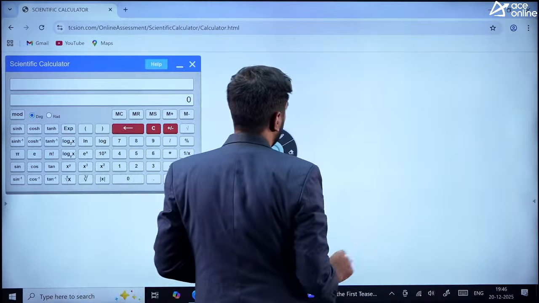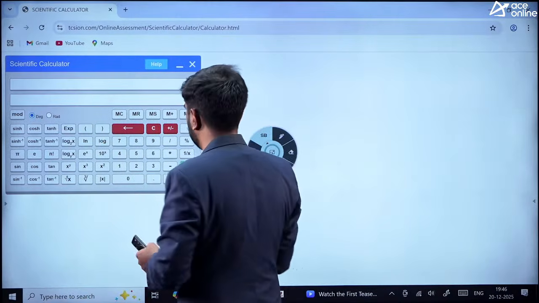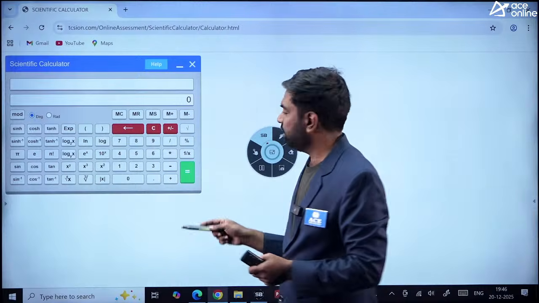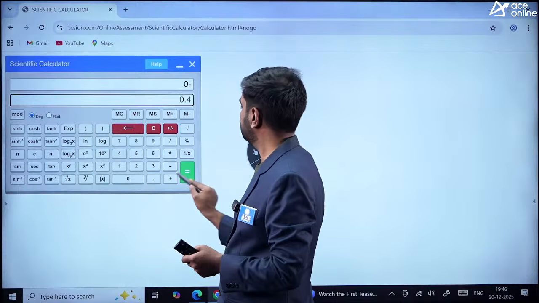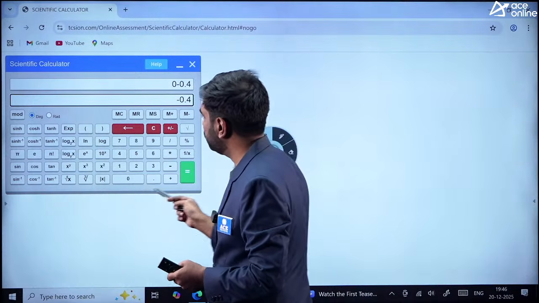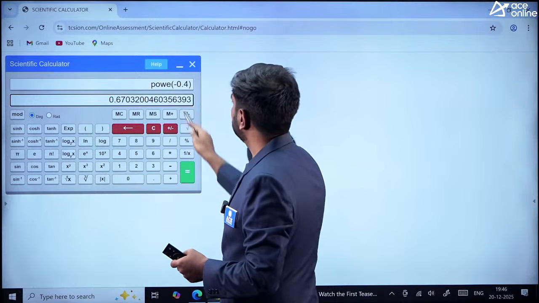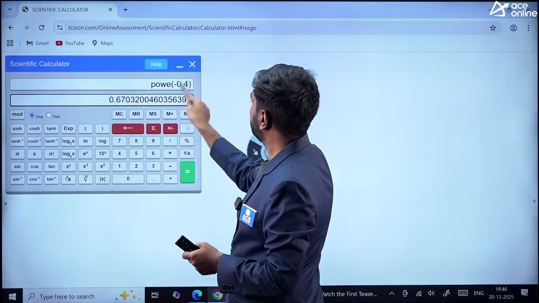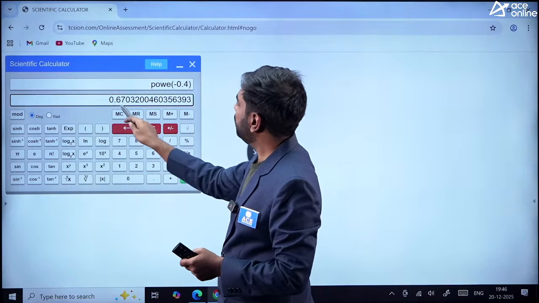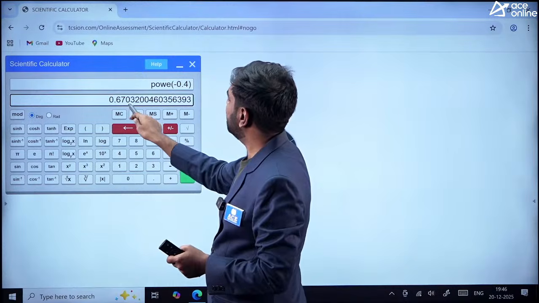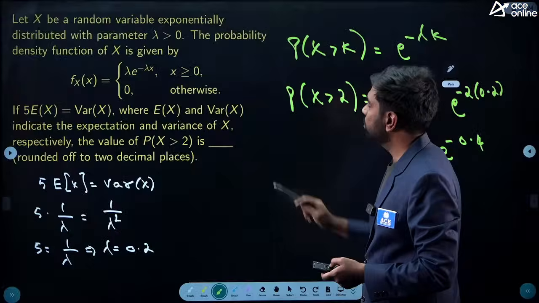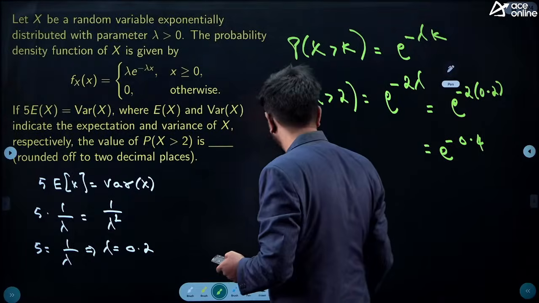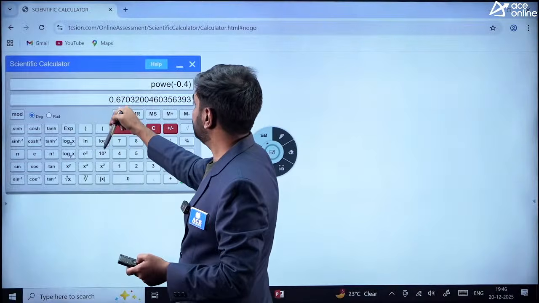So what do I need? I think e power minus 0.4. So look at the way I find it. First I put minus 0.4 and then I have to take it to the exponential. So this is e power minus 0.4, which I got as 0.6703, and he says up to 2 decimals. Up to 2 decimals, I think it is 0.67.